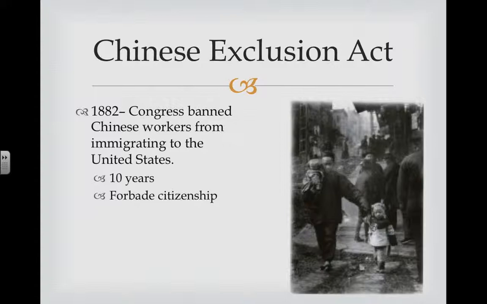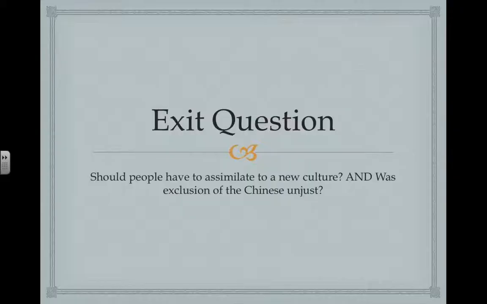So something dramatically changes here between our need for the Chinese during the building of the Transcontinental Railroad and the Chinese Exclusion Act. So we're going to look at that in class.